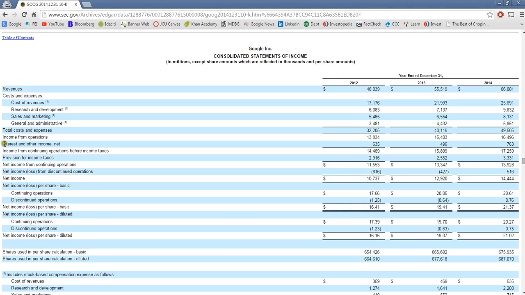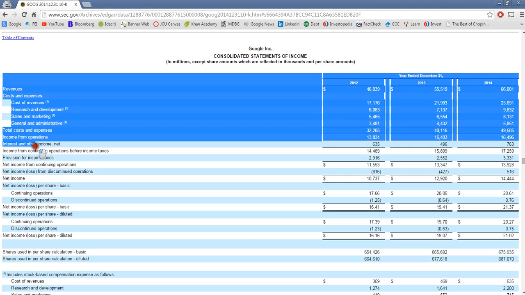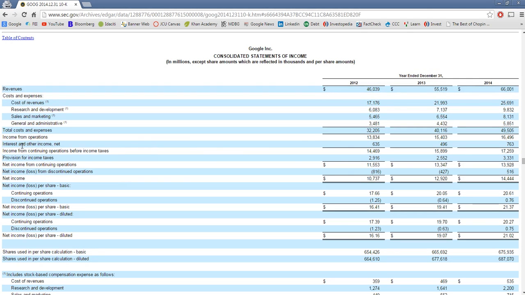And then you can see right here below that, interest and other income, net. So interest and other income, they're not in the business. Google's not in the business of making loans, but sometimes they get interest income and other income.